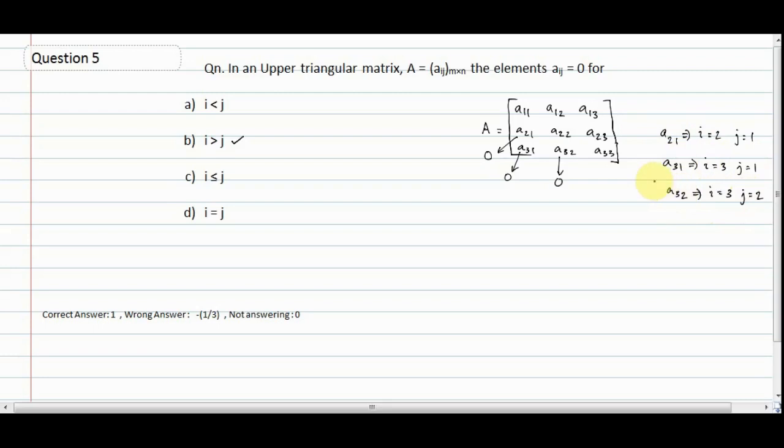Okay, so these 3 elements must be 0 for A to become an upper triangular matrix. So the condition to be satisfied is that I greater than j. All elements which has I greater than j must become equal to 0. So here the right answer is option B.